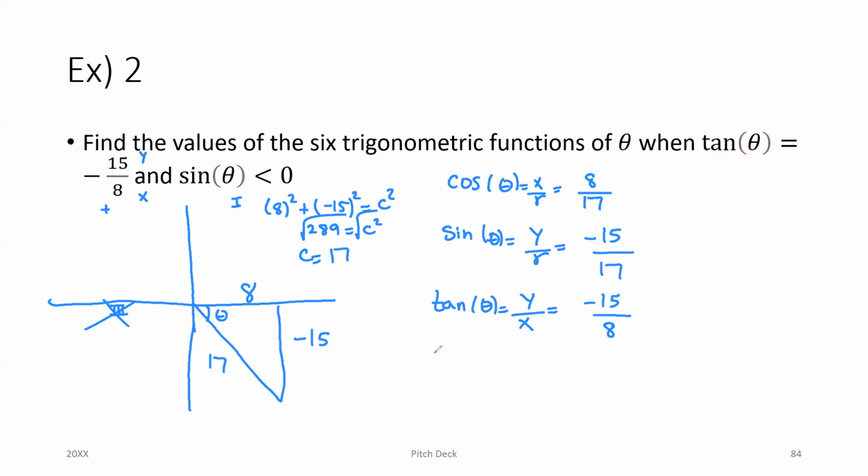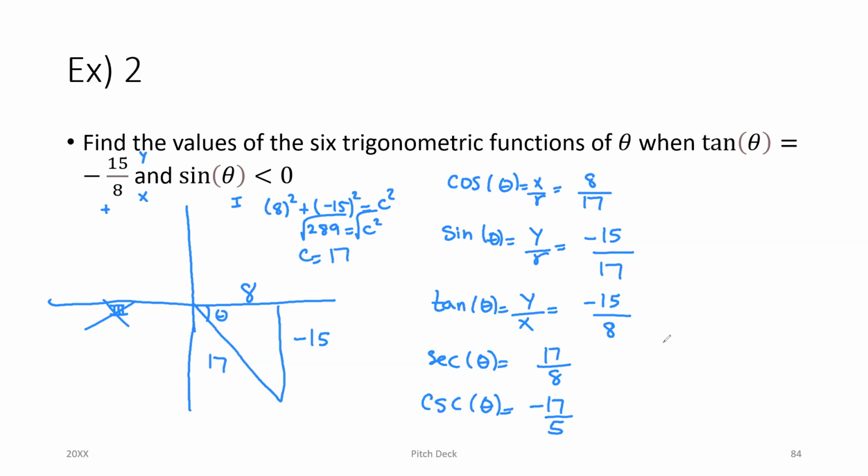Okay? And then to find the other three, you just flip it. So let's do secant theta, which is the reciprocal of cosine. So cosine is 8 over 17, so the reciprocal of that would be 17 over 8. Cosecant theta is the reciprocal of sine, so that is negative 17 over 15.